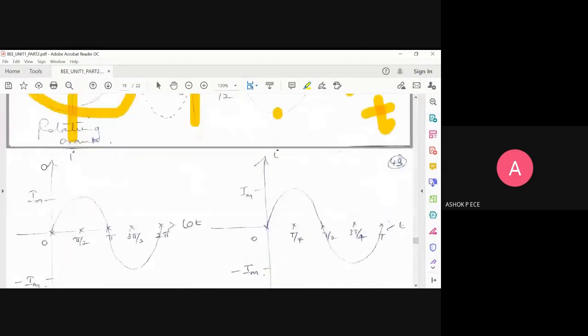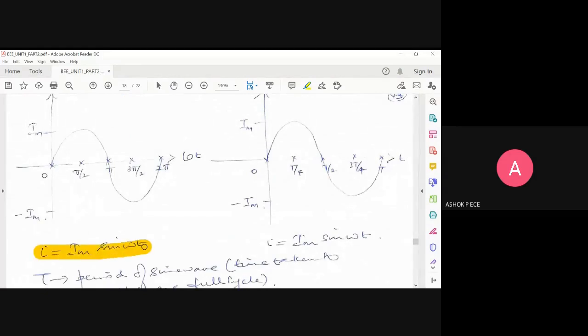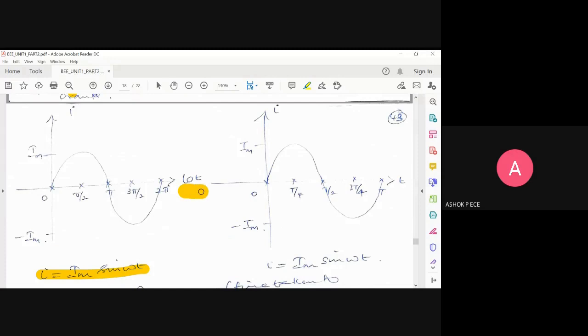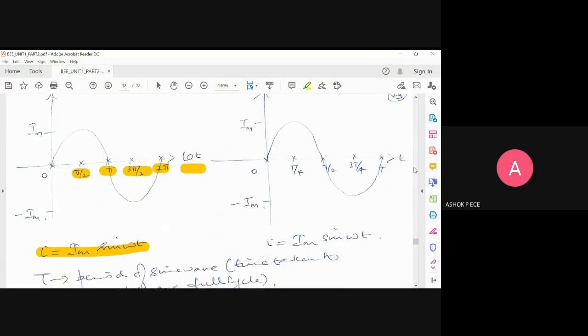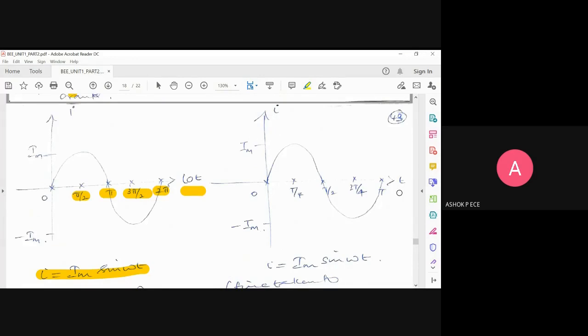Only thing, I'm considering a current I is equal to Im sine omega t. So when I draw with the x-axis of omega t, I will get the angles. I will write everything in terms of angles: 90, 180, 270, and 360. When I want to represent the diagram only in terms of time, then I'll get the values in terms of time.